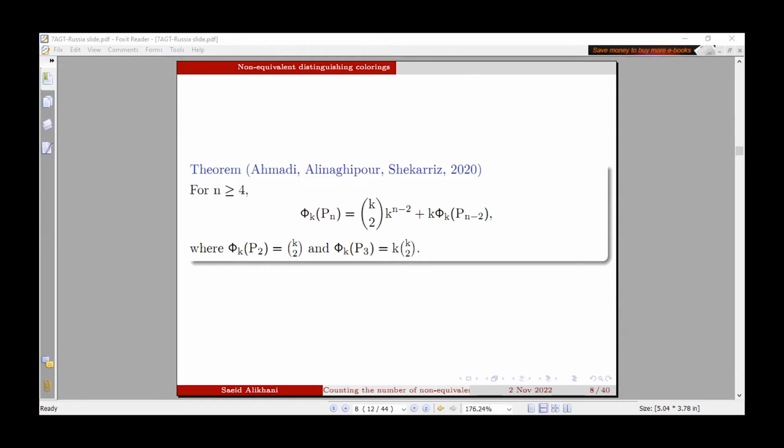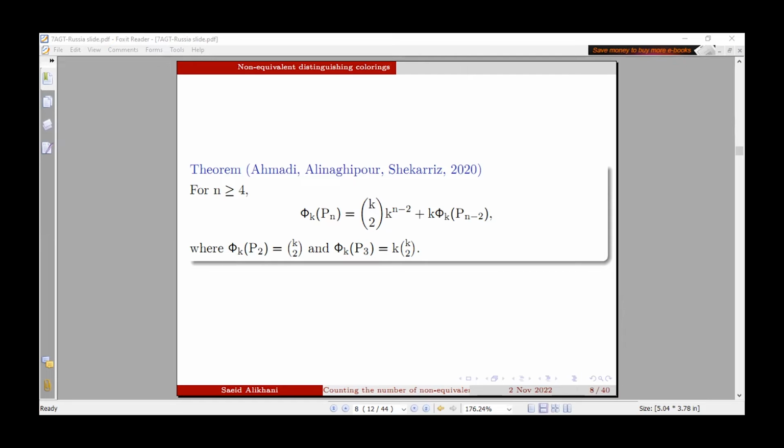I can color the second vertex by k colors, this one again by k colors, and so on. So for case 1, we have k choose 2 times k to the n minus 2 ways to color this graph by distinguishing coloring.